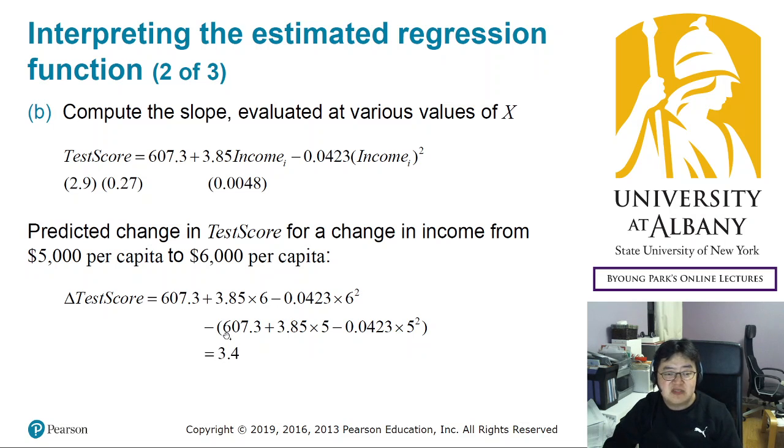Their difference is 3.4, and note that it is different from the linear slope. The slope is linear, but the second order slope is a negative number. So as a result, the slope should be 3.4.